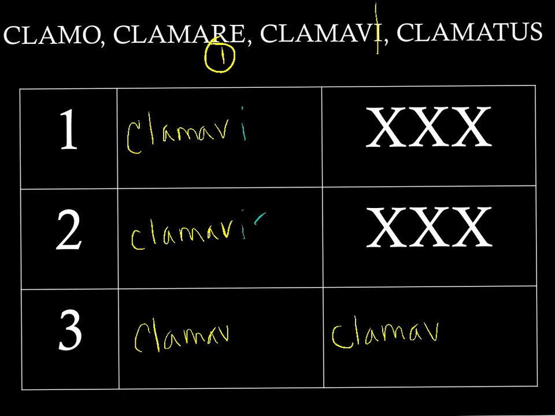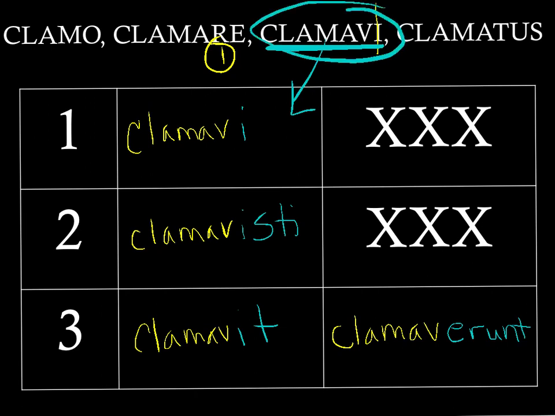E, isti, it, erunt. Now you'll notice that these are the same, so if you want to go back to that copying method that we used in the present tense, you can copy that first form because this is the first person singular perfect tense verb. So if you'd rather do that, that's fine, but if you want to just write the stem and add the endings, that's great as well. First conjugation, it doesn't matter because it's perfect tense, no weirdness.